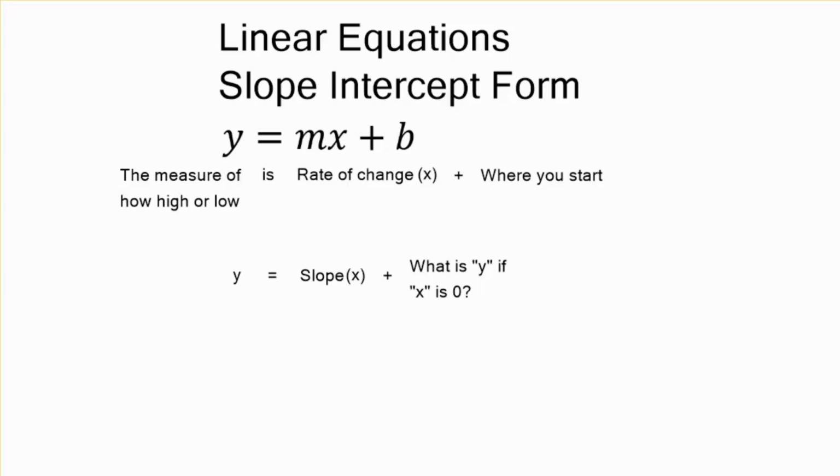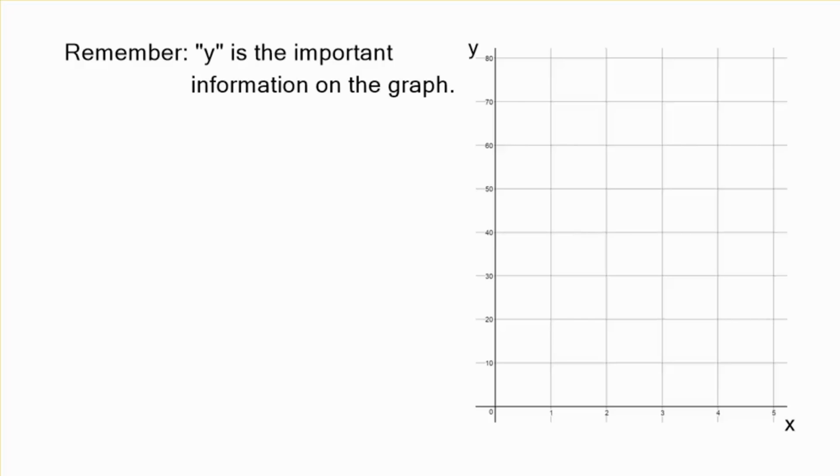Well, that's not going to make a lot of sense if you don't have an example, so let's draw a picture. And remember, there's your y-axis, there's your x-axis. Y is going to be the most important information on your graph, how high or low it goes. Let's say, for example, you're talking about water, and a number of gallons of water in something.